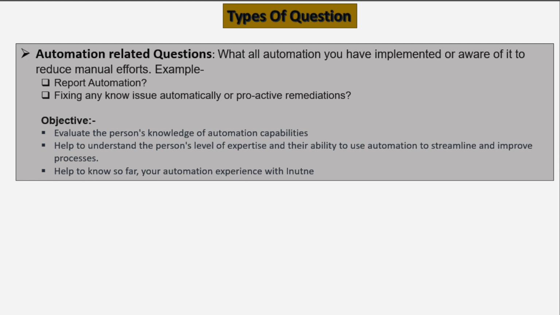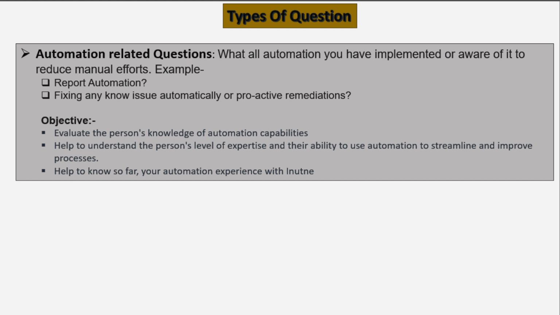These types of automation related questions are to know what all automation you have implemented in your environment, or how you are using that automation to reduce the manual effort. For example, the interviewer might ask a question, how are you automating your Intune reports, how are you fixing any known issue automatically, or what all proactive remediation you are using in your environment.